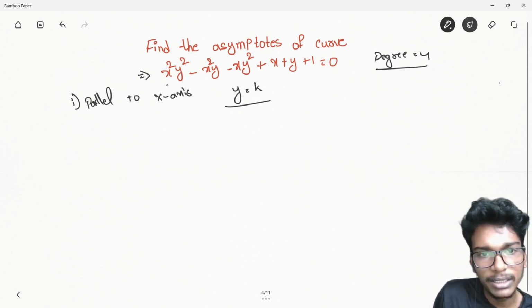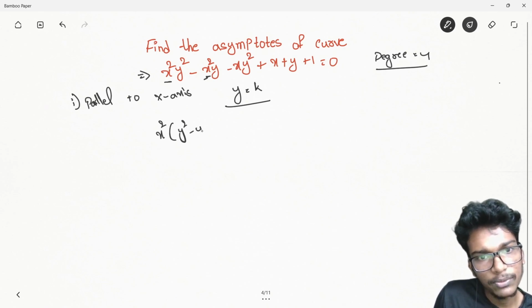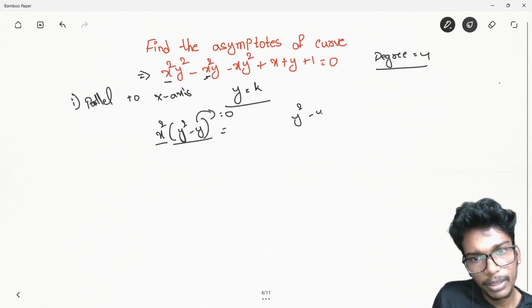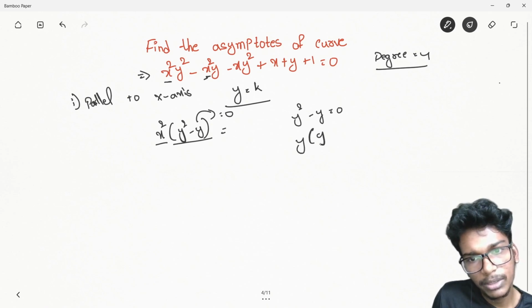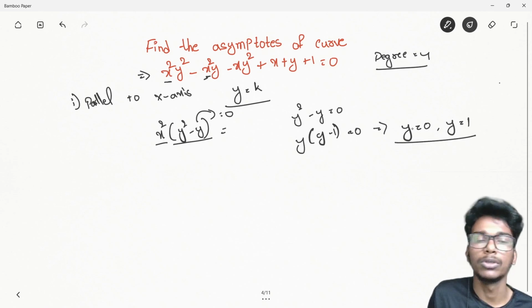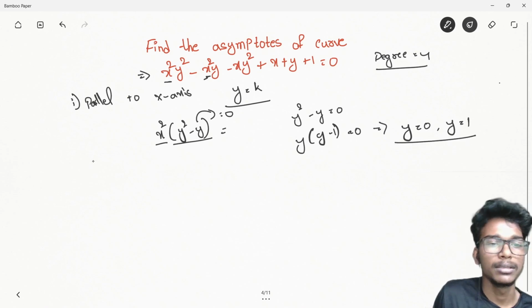The highest degree of x in this function is x square, and x square into y square minus y is the highest function of x with these coefficients. We equate it to 0. That implies y square minus y equal to 0, y into y minus 1 equal to 0. That implies y is equal to 0, y is equal to 1 are the asymptotes parallel to the x-axis.